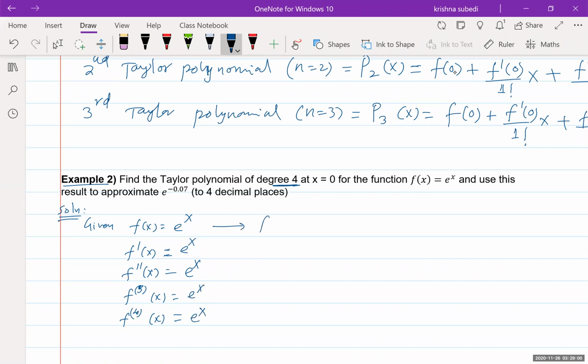Now we need to find f of 0, f prime of 0, and so on. f of 0 is e to the 0, which is 1. This is again e to the 0, which is 1. That's pretty simple, right? So it's all 1.